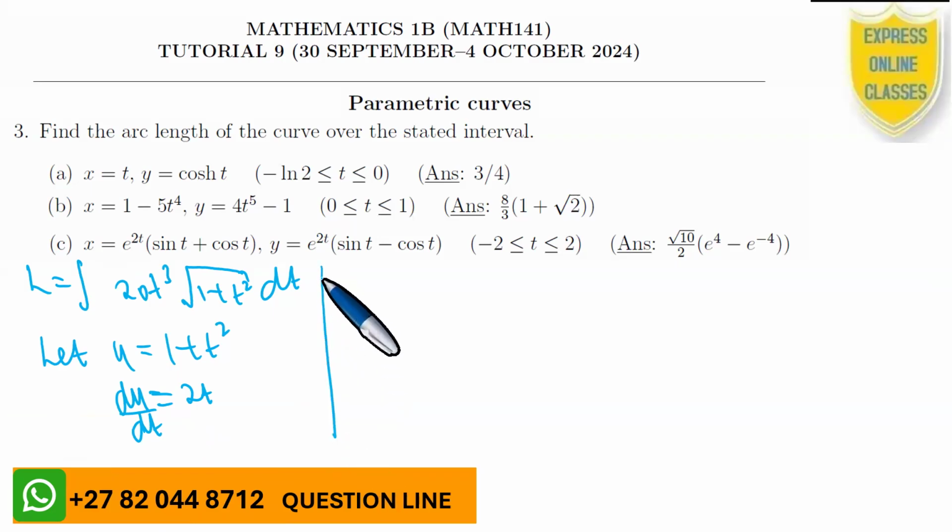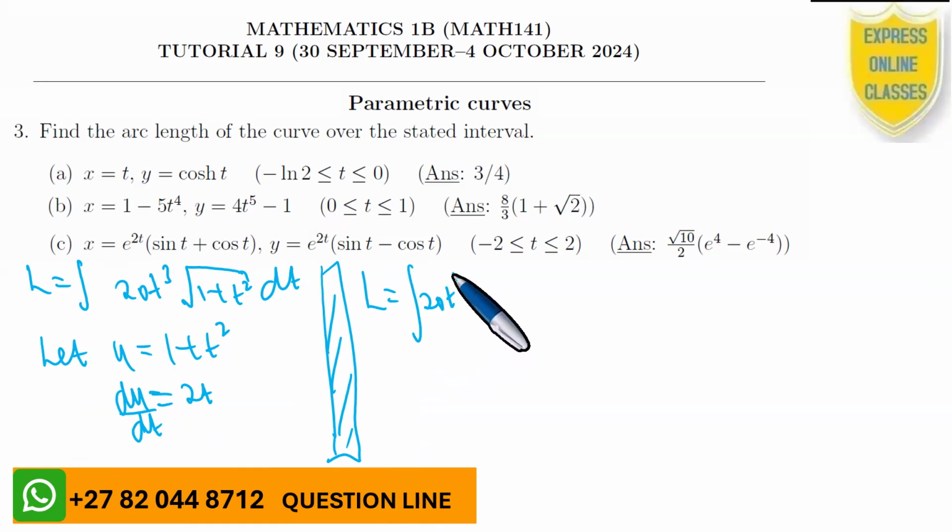So, if this is true, L is 20t cubed, then you have the square root of u. dt is du over 2t.